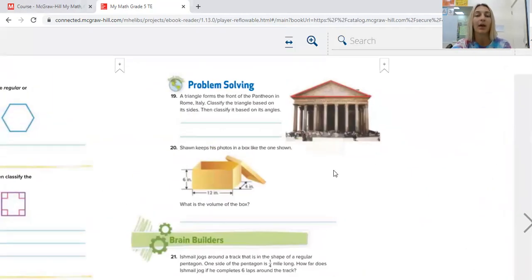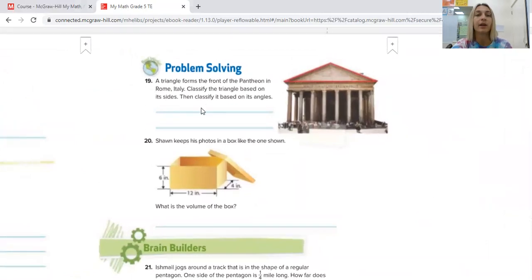All right, word problems. A triangle forms the front of the Pentagon in Rome, Italy. Here's the triangle here in red. Classify the triangle based on its sides, then classify it based on its angles. So you need to tell me if it has congruent sides or not, and then tell me what kind of angle it is.